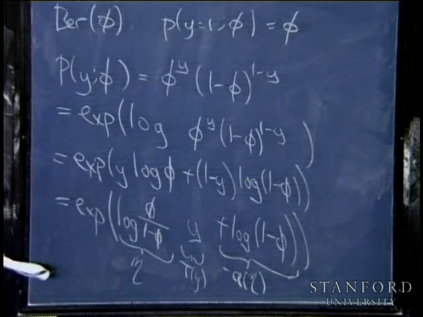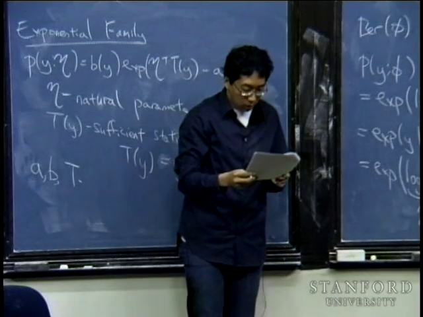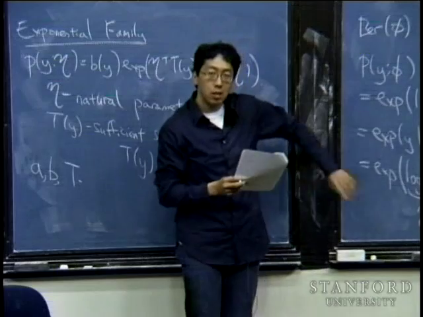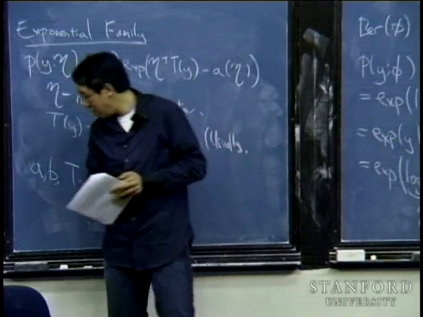And then B of y is just 1, so B of y doesn't matter. Take a second to look through this and make sure it makes sense. I'll clean another board while you do that.